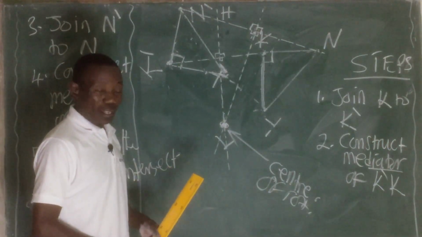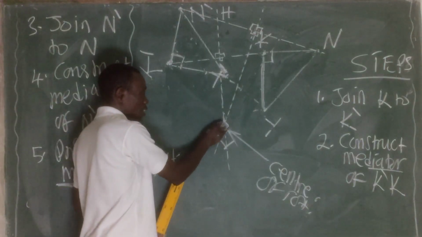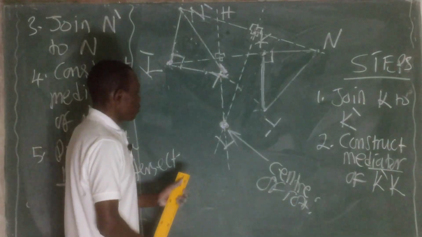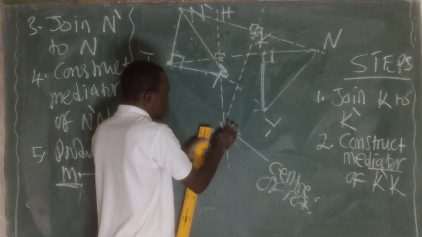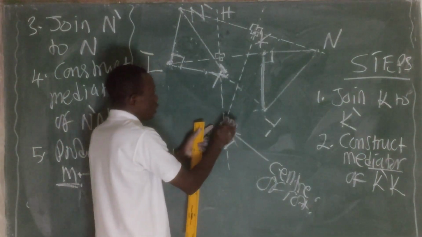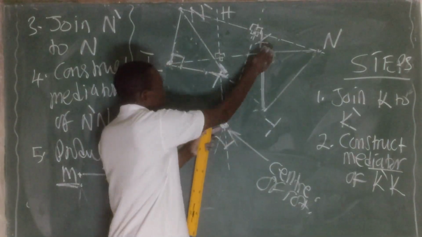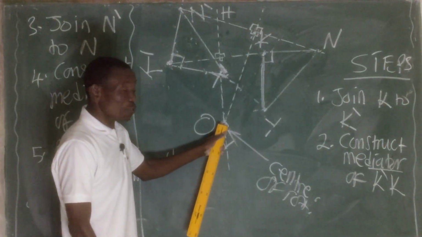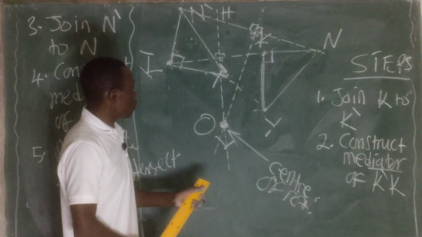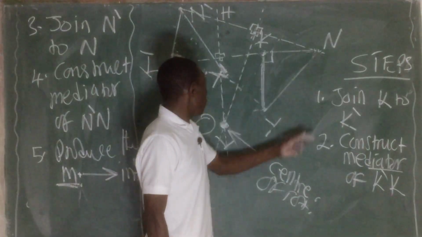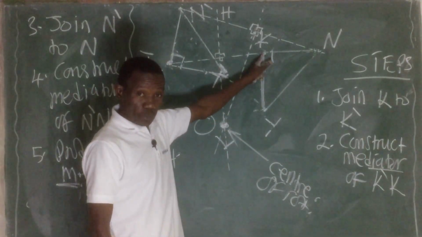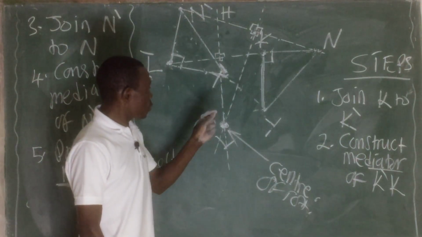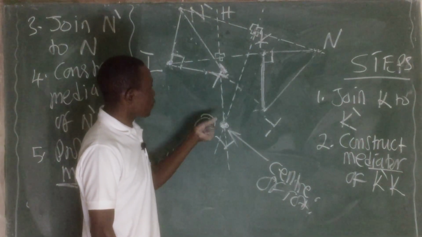What are we doing? We find ourselves connecting the center and any object point. Like in this case, we connect O to Y. You can choose connecting O to Y, or O to N, or O to K, where O is your center of rotation.